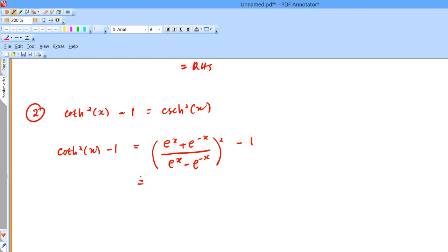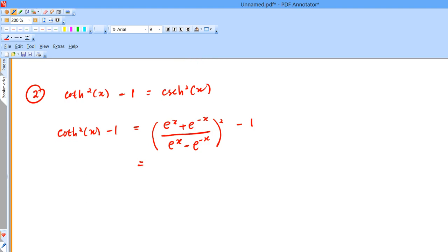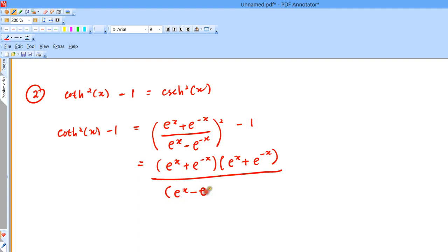So now you need to expand the first term. The first term is actually equal to e power of x plus e power of negative x times e power of x plus e power of negative x divided by e power of x minus e power of negative x times e power of x minus e power of negative x, minus 1.